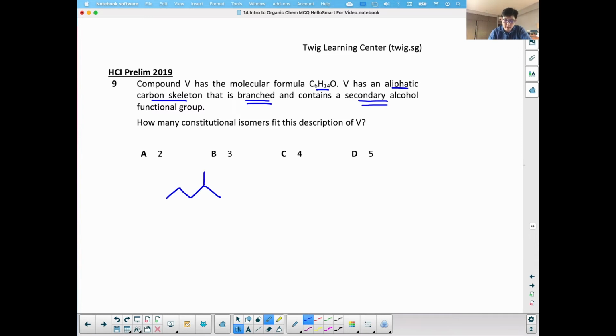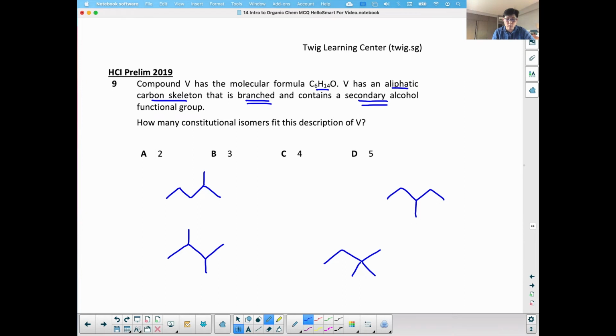So the other possibility is you can draw also 5 and then you branch it over here. Okay, so I'm going to go to 4. So if you draw 4 carbon, 1, 2, 3, 4. Okay, you can do branching over here, 1 here and 1 here. You can also branch it like that, 1 over here and still 1 more over here. Okay, so these are the possibilities.